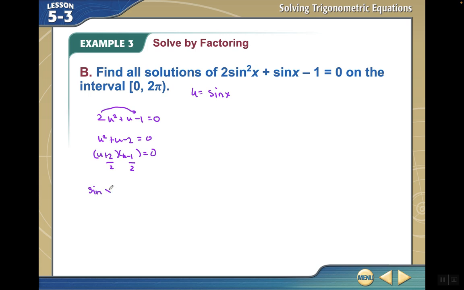So sine x equals negative 1, because sine x plus 1 equals 0. And then I'm going to have sine x equals a positive 1/2. So I'm going to look and see where sine is 1/2 and where sine is negative 1.